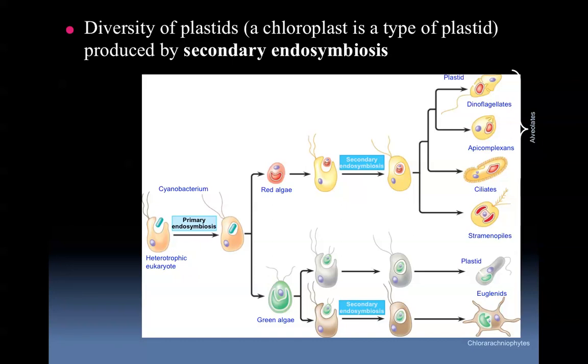And so it's really a mutualistic relationship, and over time, based on when and how the evolution of this symbiotic relationship occurred, we have the differentiation between the group euglenids and this other one down here.